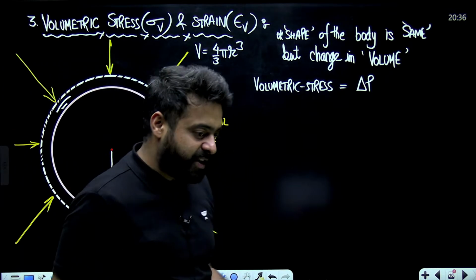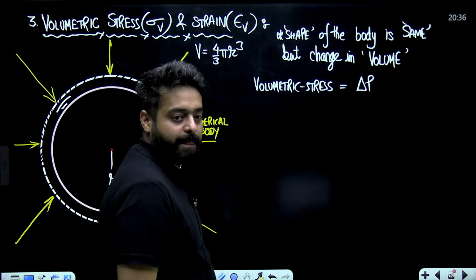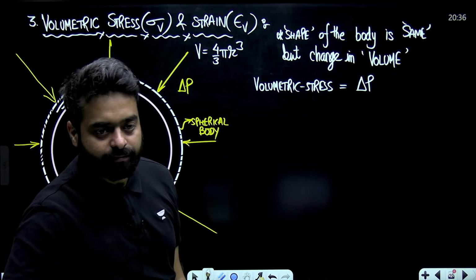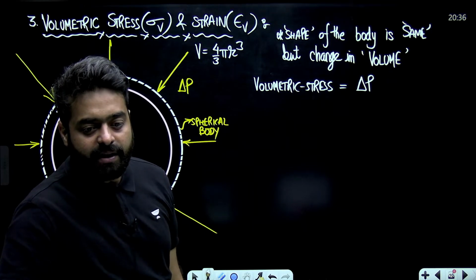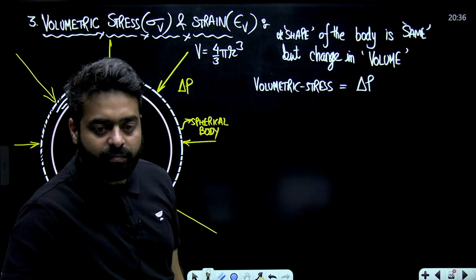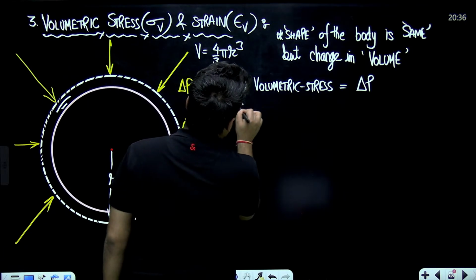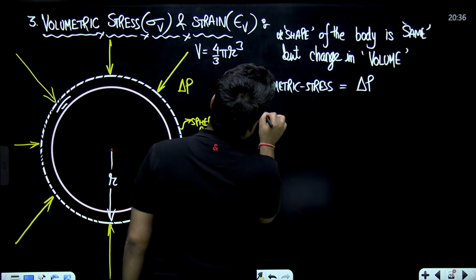That's why it decreases the volume. And through that, volumetric strain will come.